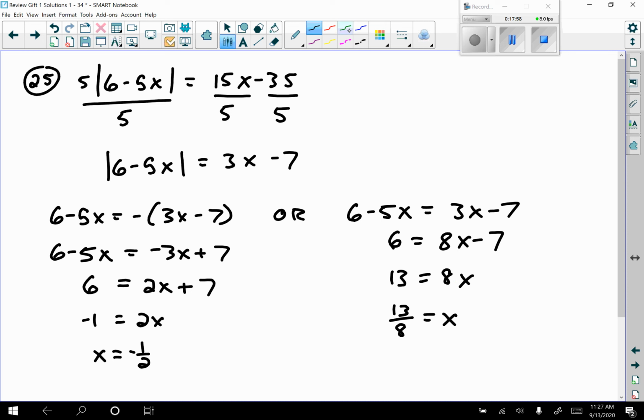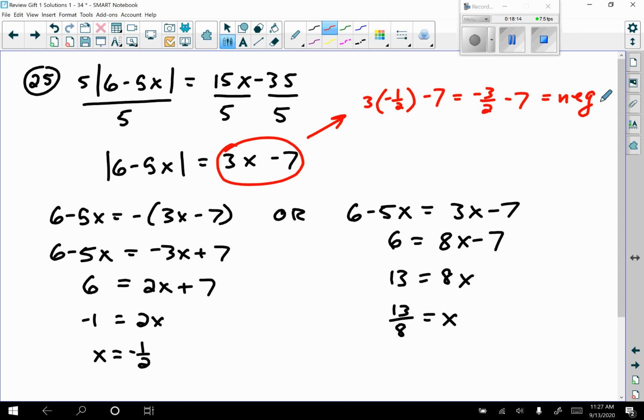So what we could do, because if we know we did this step correctly, we could just go back up here. So if I were to substitute negative 1 half in here, it'd be 3 times negative 1 half minus 7, which is negative 3 halves minus 7, and all I care about is the sign. It's still negative, so guess what? We can't use this. If I checked 13/8, I would have 3 times 13/8 minus 7.